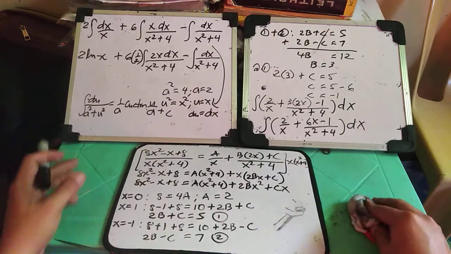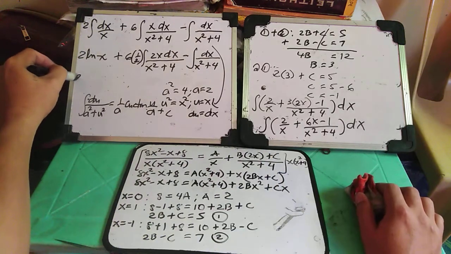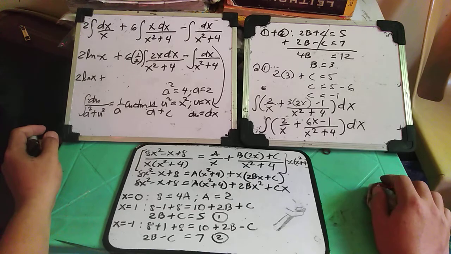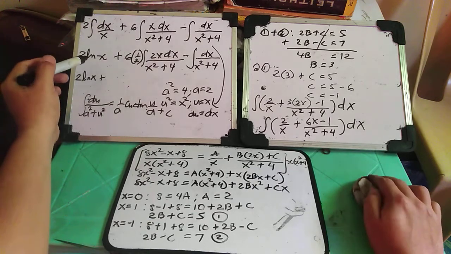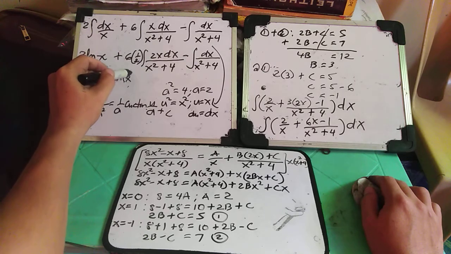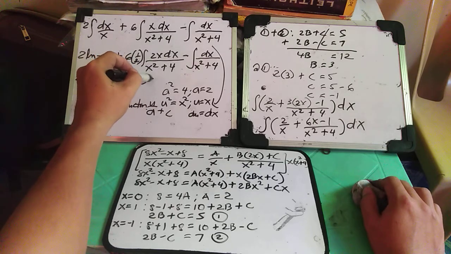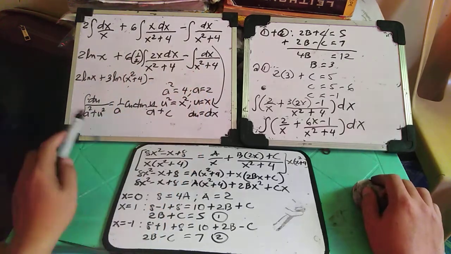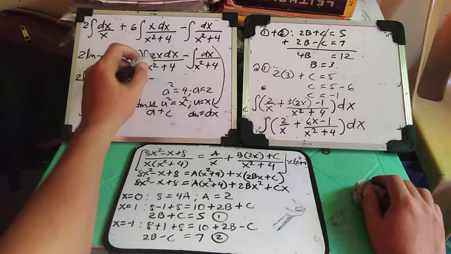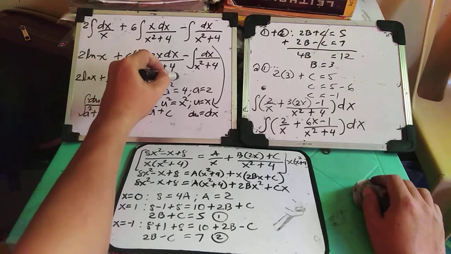Then minus, we have a squared equals 4, so a is 2. u squared is x squared, meaning u is x. If u is x, du equals dx. So this is the integral of du over a squared plus u squared.